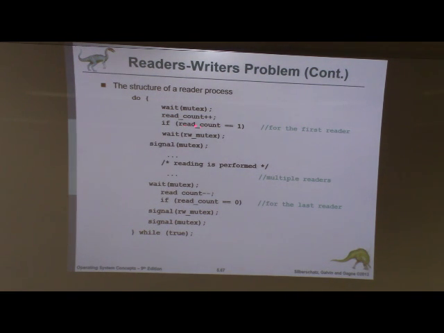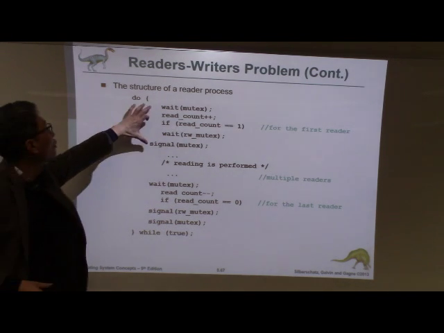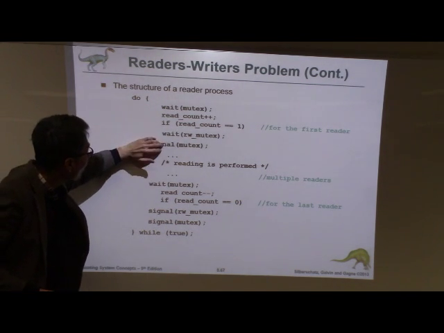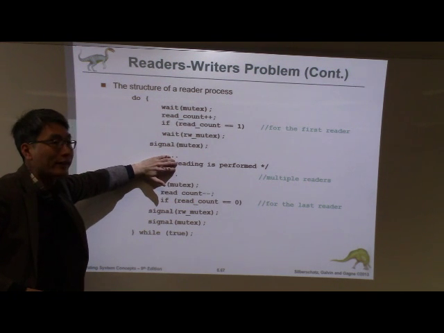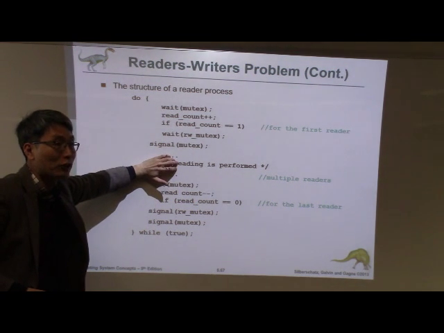Then increase the read count. In case the read count is 1, it can also get the read-write lock, because nobody is using that critical section. Then signal the mutex. At that time, because of this, many processes can enter the critical section.